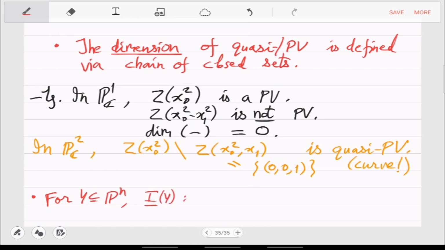So this I functor will be the ideal generated by homogeneous F in S such that for all the points that you are given, F(p) is 0.